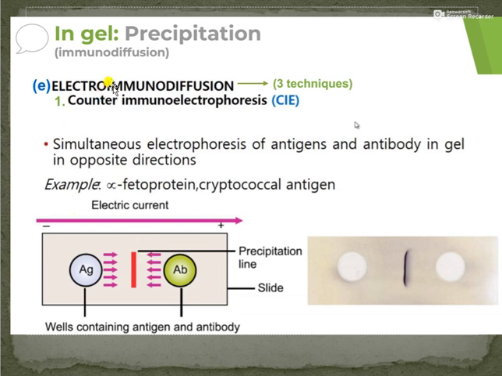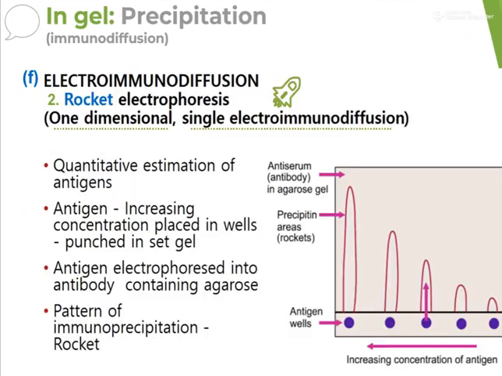So do remember, when just antigen and antibody diffuse, it is called immunodiffusion. But since here an electric current has also been applied, you call it an electroimmunodiffusion technique, and this is an example of counter immunoelectrophoresis where both the antigen and the antibody are moving under the influence of electric current in different directions.